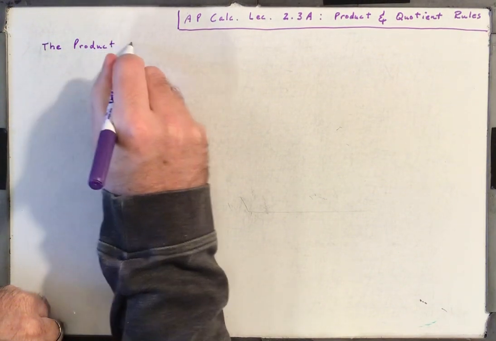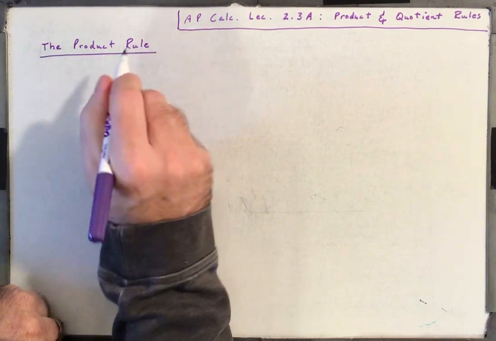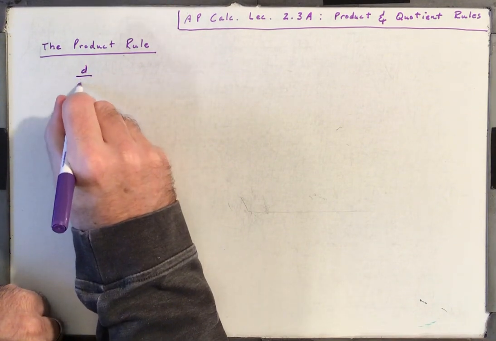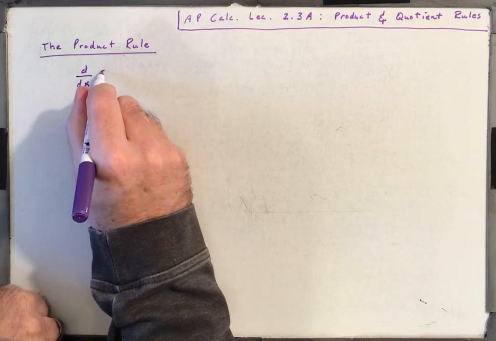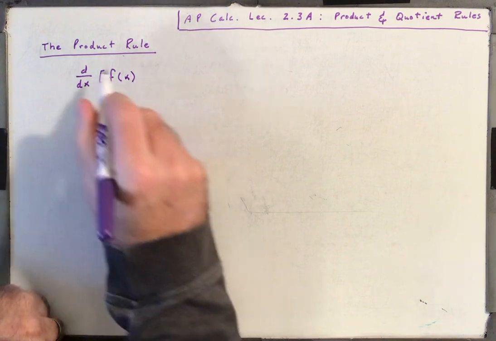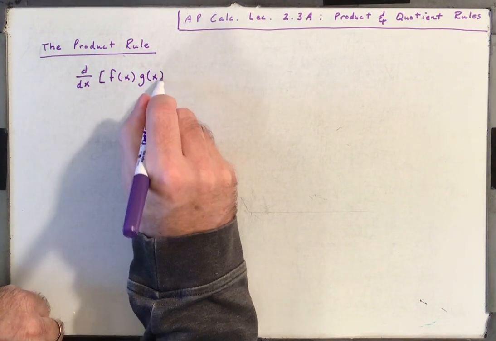So first of all, the product rule. I'm going to give you the book formula for that. And d over dx just means take the derivative with respect to x. So let's say we have two functions, f of x, and product means multiplication, right? So times g of x.